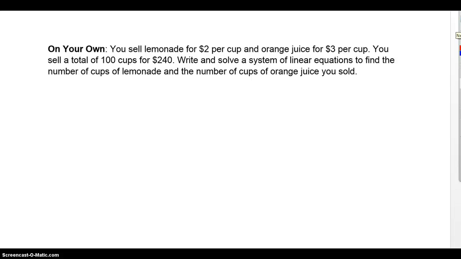The next example says you sell lemonade for $2 per cup and orange juice for $3 per cup. You sell a total of 100 cups for $240. Okay? So here's how I would do this. We're going to set lemonade equal to x and orange juice equal to y. So the amount of lemonade plus the amount of orange juice that I sell is 100 cups.